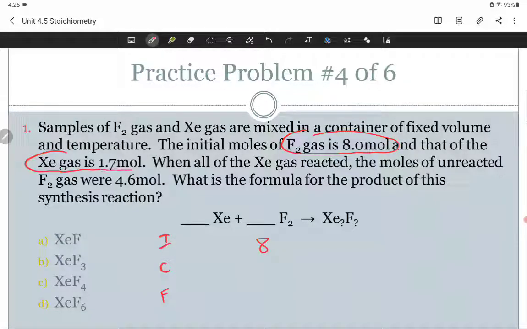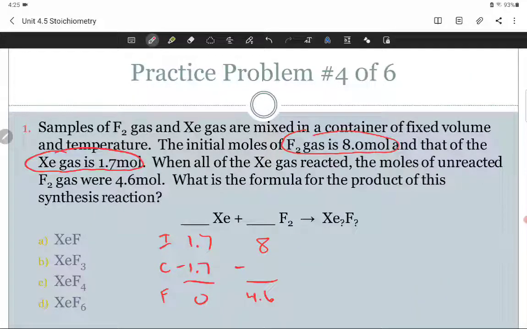Initial moles of Xe, 1.7. When all the Xe has reacted, so it's already telling you that that has to occur. The moles of unreacted, that means left over, for F2 is 4.6.